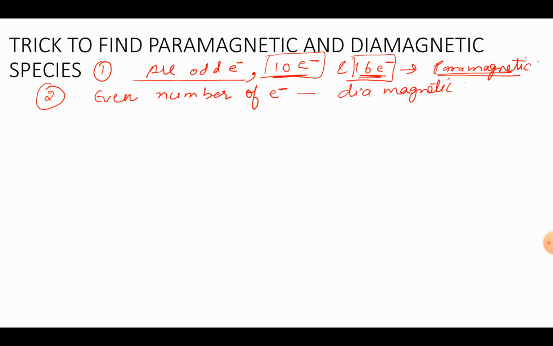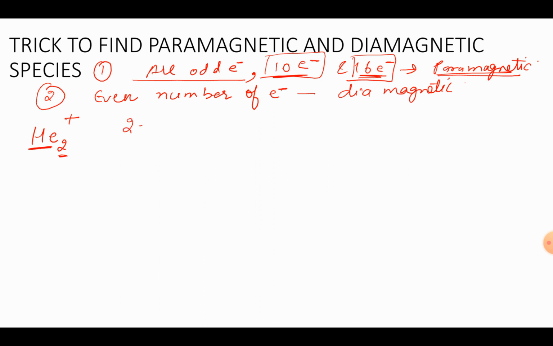For example, now let us take a few examples. Let me talk about He2 positive. We all know that the atomic number of helium is 2, which means it has 2 electrons, and there are 2 helium atoms.